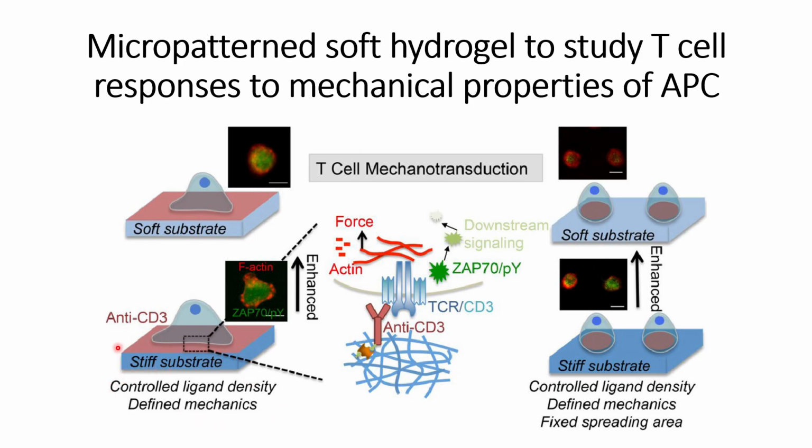Here they are able to control the ligand density and even define the mechanics, that is, they are able to control the ligand density while also controlling the stiffness of the substrate. With high stiffness they found that the F-actin changes, and the ZAP70 phosphorylation is also increased.